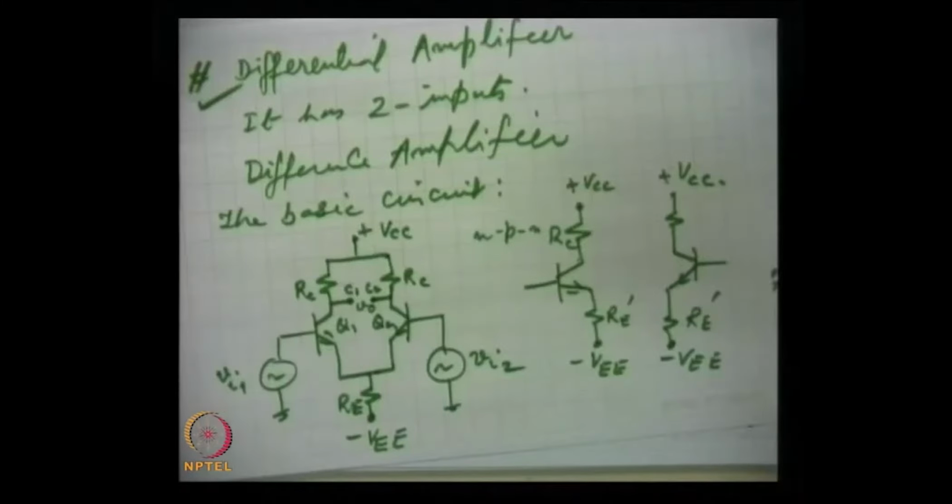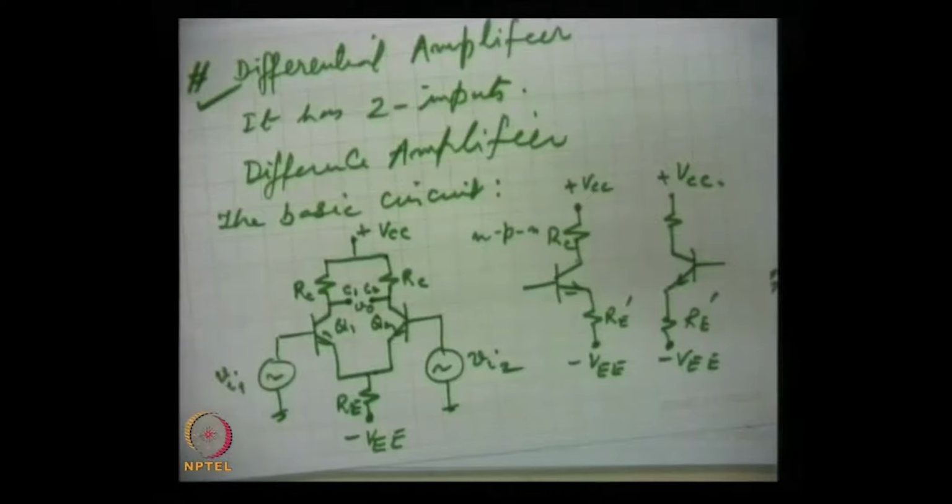So, these are the salient features that make differential amplifiers very popular, and we should study them in greater detail. Now, we have talked about the basic circuit. Actual circuits are not very different from this circuit, and that we will be drawing.